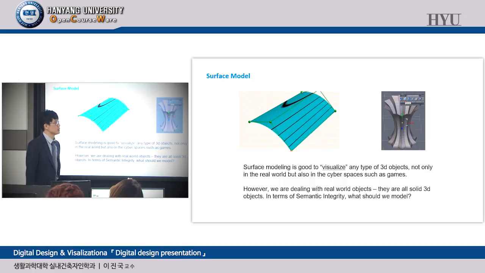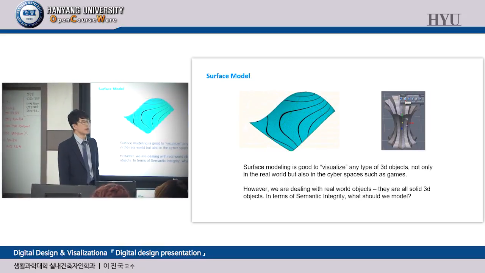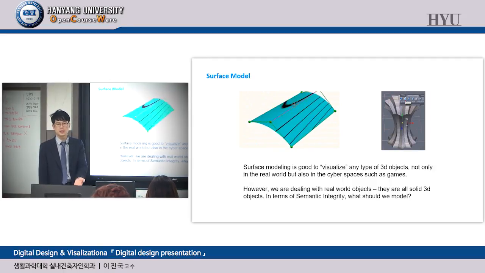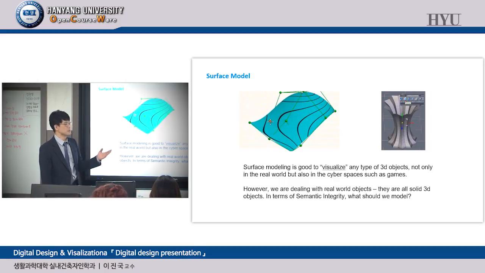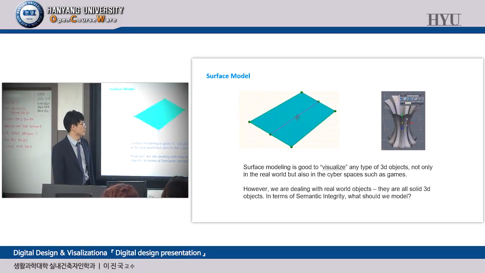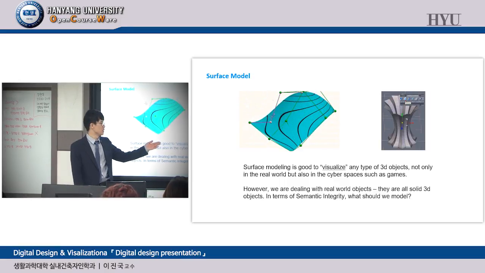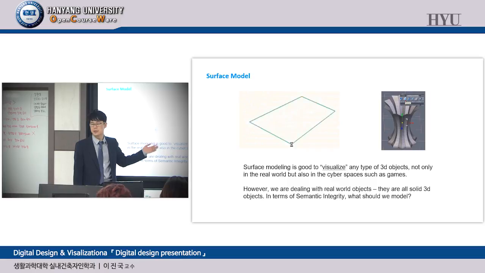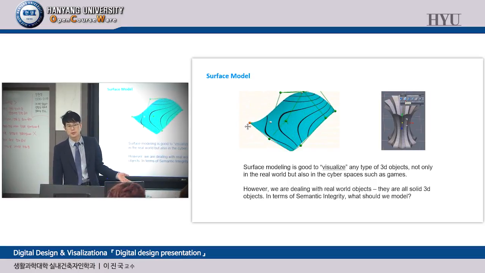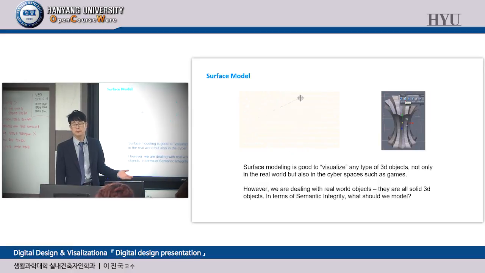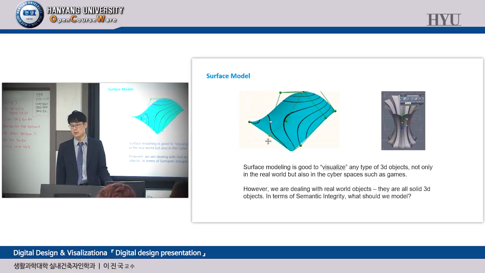So this is the simple manipulation of surface control, exactly the same as you control surface in 3D Max, even in Rhino or SketchUp, whatever. But this is not real, okay? Games use surface-based 3D simply because this is lightweight, not heavy loaded, very fast. And this one can visualize anything you can imagine, okay?